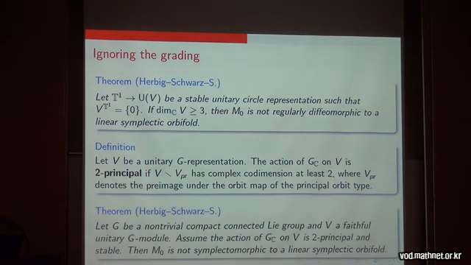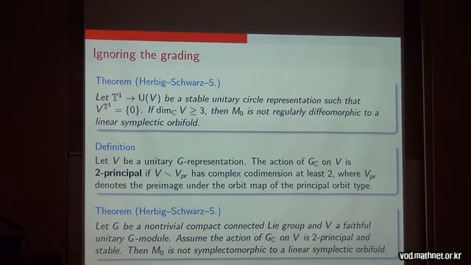I'll say this two principal condition is somewhat generic. For many groups, all but finitely many representations are two principal, and we've been able to show that if the complexification of the action is two principal, then the symplectic quotient is not an orbifold, and in this case, we can ignore the regular functions. It's not symplectomorphic to any linear orbifold.